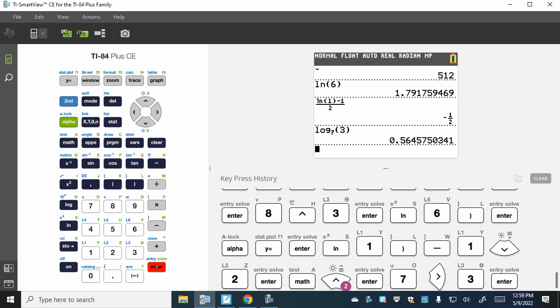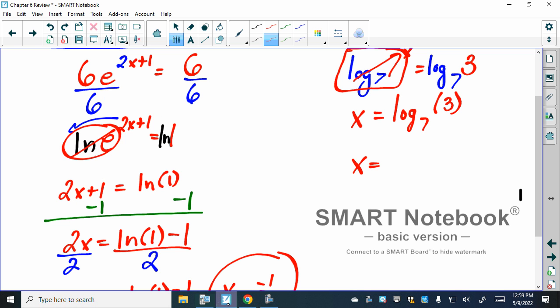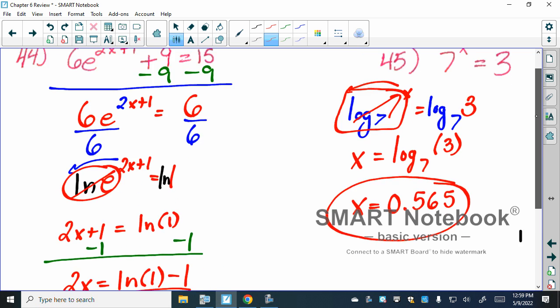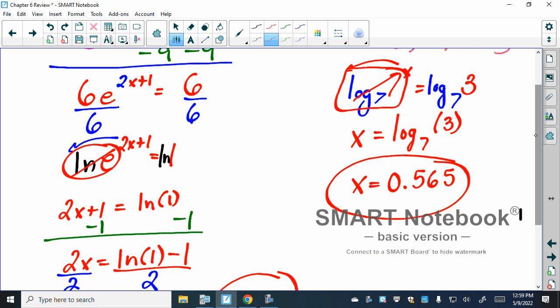And log base 7 of 3 is 0.564575031, or if we're going to 3 decimal places, it's going to be 0.565. And that's all we would need to do for this here. Any other questions on these two here, 44 or 45?